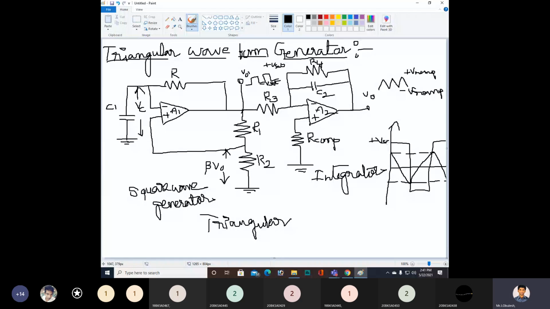Vs means V saturation. This is minus V saturation. This is minus V ramp. This is plus V ramp.